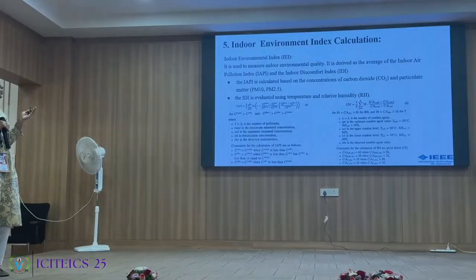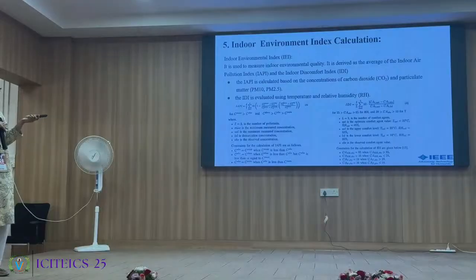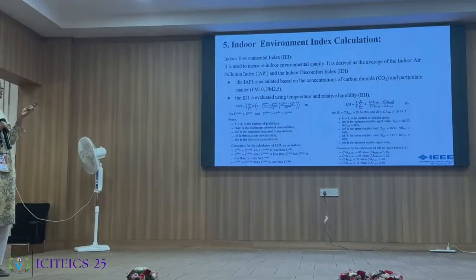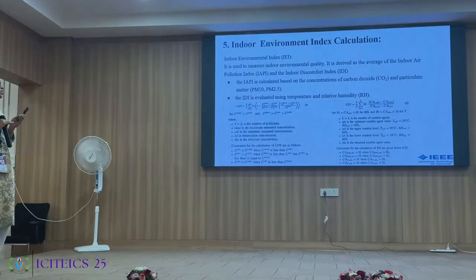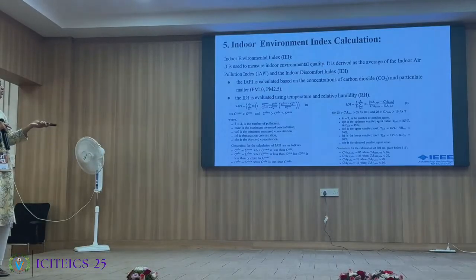The formulas for calculating these parameters are shown in this slide. Using these, the values are calculated, and finally the final index is calculated. The index is in the range 0 to 10. If your value is greater than 6, that means the building condition is not good.